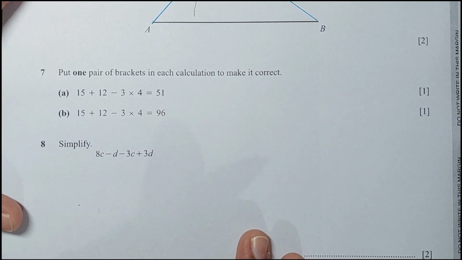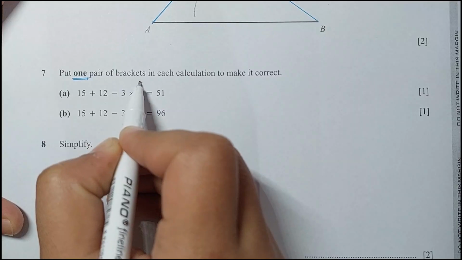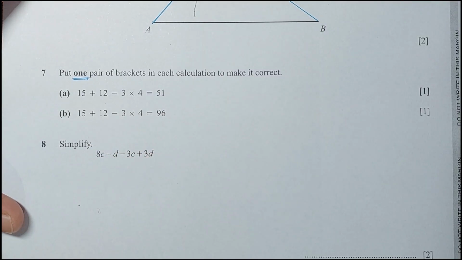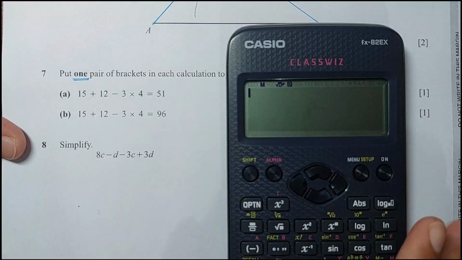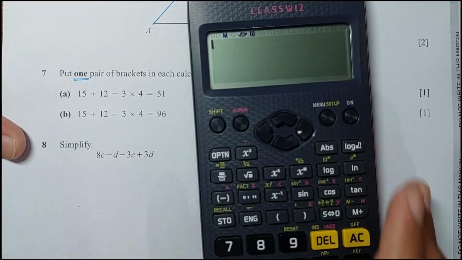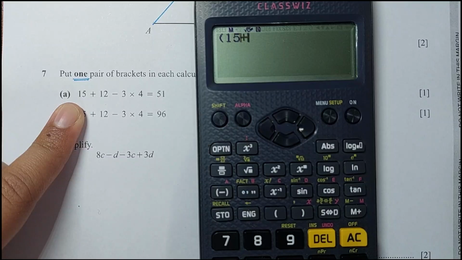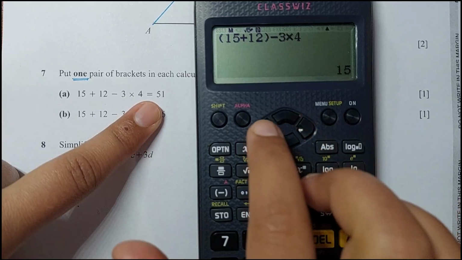Now for part C, put one pair of brackets in each statement to make it correct. All right, so let's do this. It is just a 1 mark question. So let's use a calculator. 15 plus 12 in the bracket and minus 3 and times 4 is outside. It's not correct.